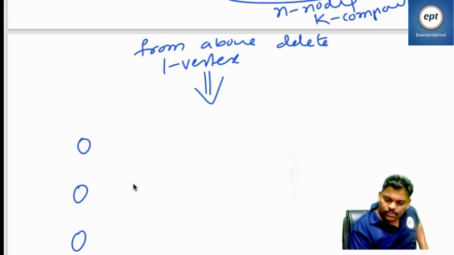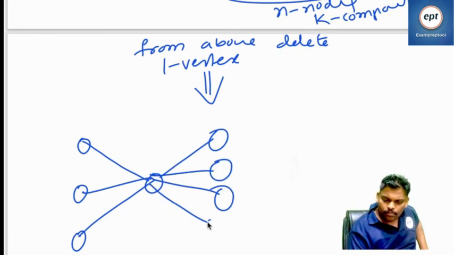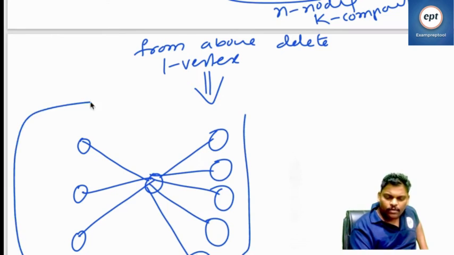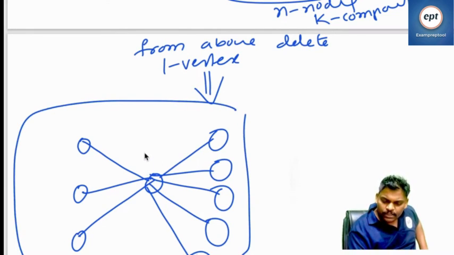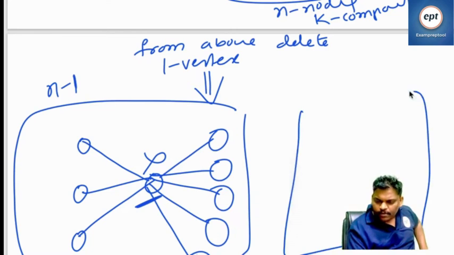Now see this one, the minimum k value is 1. If you delete this vertex, this one component becomes n minus 1 components. So let me take one more graph.